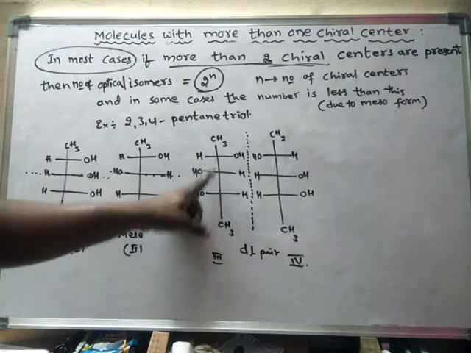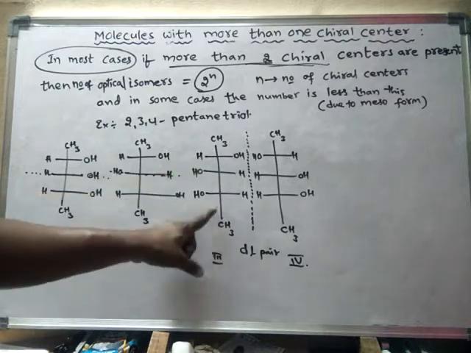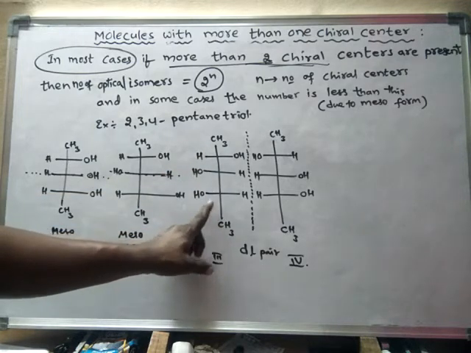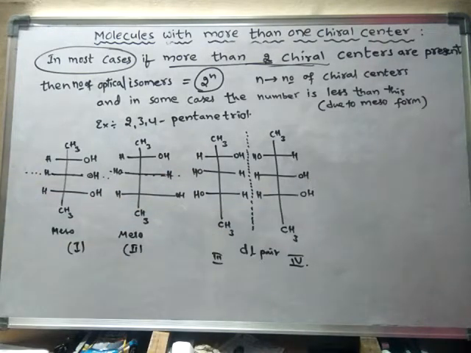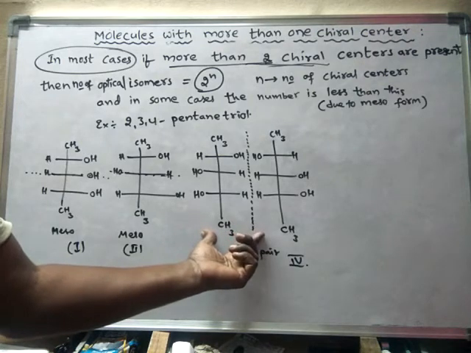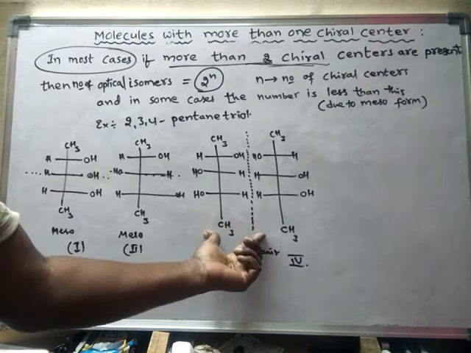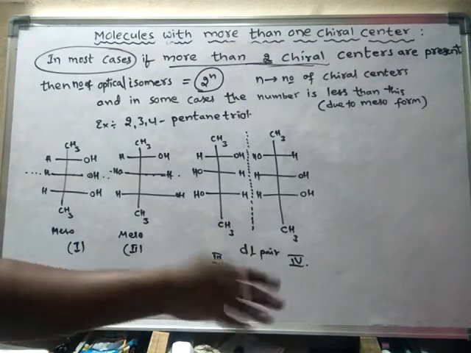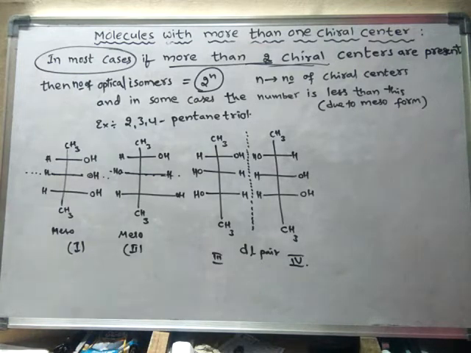If this is the molecule, then its mirror image is this one, and these two are non-superimposable mirror images. Hence they are called DL pairs or enantiomers.